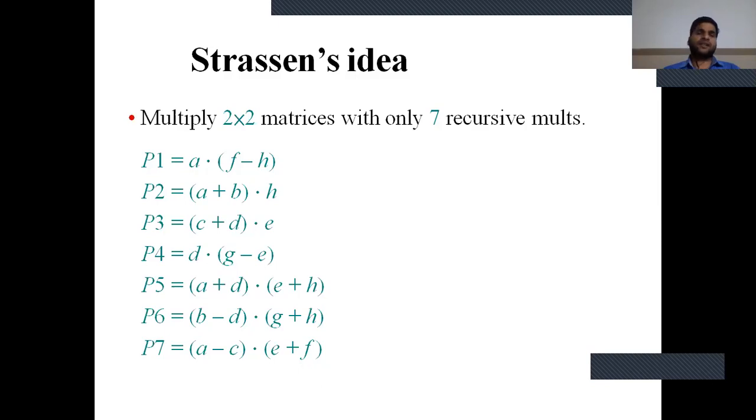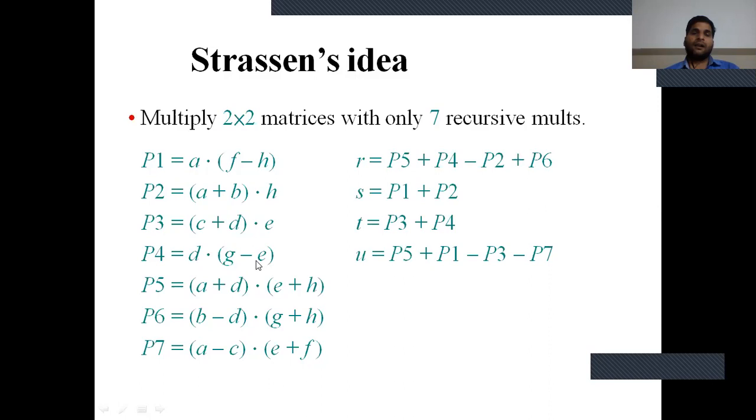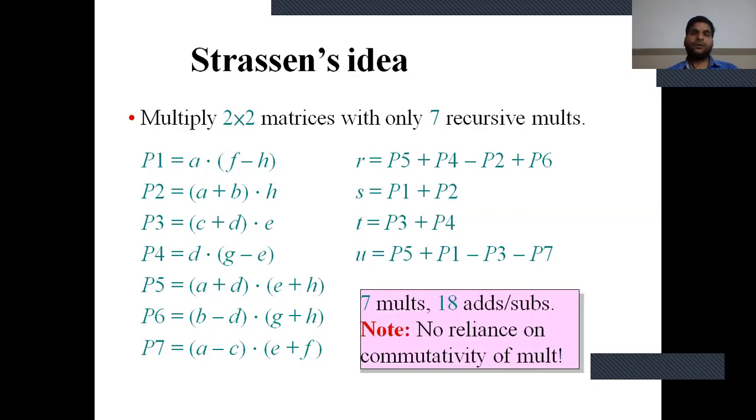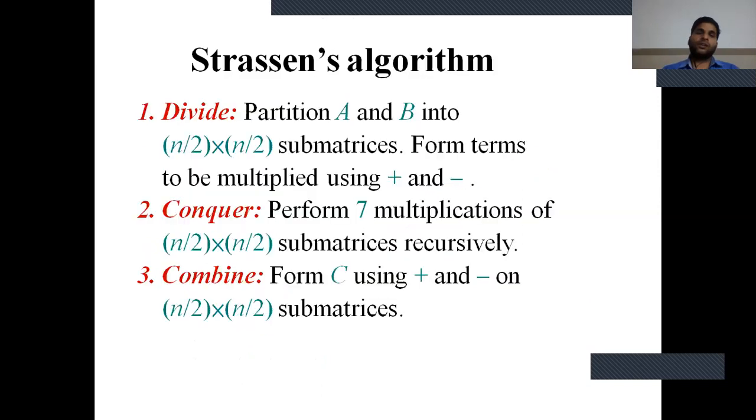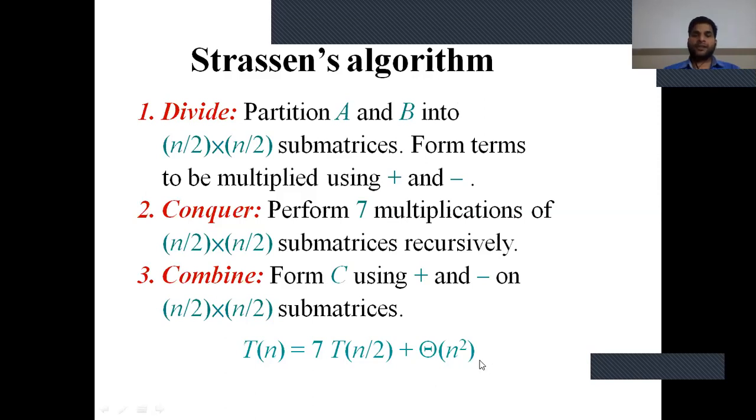In Strassen's matrix, we use these formulas to solve the values of P1, P2, P3 and so on, and then calculate the values of R, S, T, U. After the calculation of R, S, T, U, we find a total of 7 multiplications and 18 additions and subtractions. So the recurrence equation of Strassen's algorithm equals 7 T(n by 2) plus theta n square.